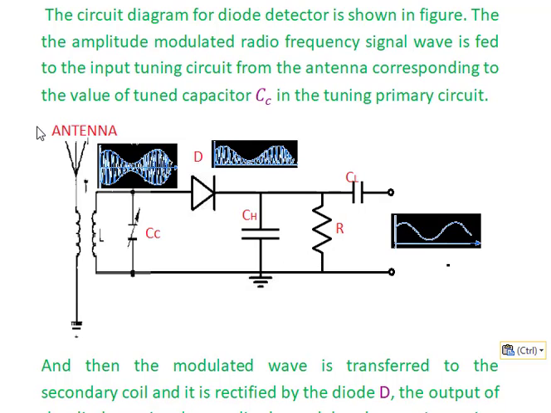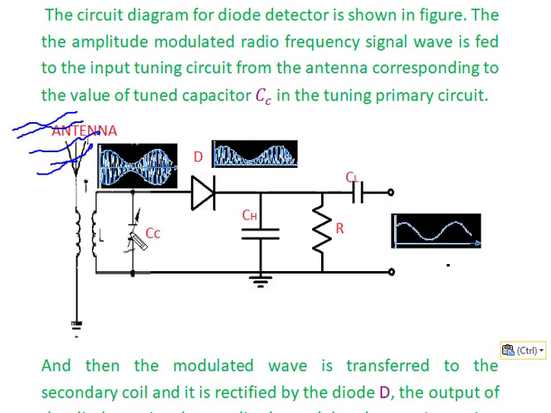A number of amplitude waves are crossing this antenna. This antenna receives a number of carrier waves with different frequencies. This antenna receives the amplitude modulated wave with a particular carrier frequency related to the value of the capacitor.